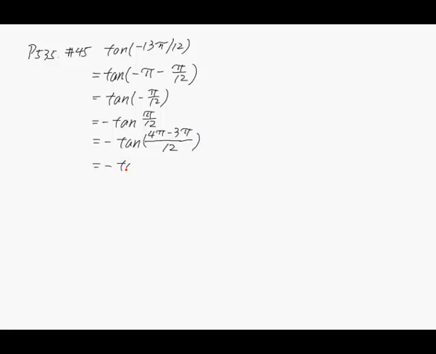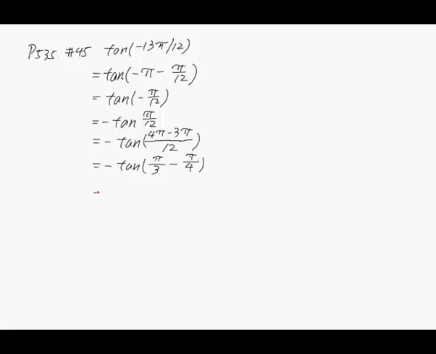Then 4 pi over 12 is pi over 3, and 3 pi over 12 is pi over 4. Now, for pi over 3 and pi over 4, we know the exact value of the tangent, right? So we can use the tangent of a difference identity to find this value.